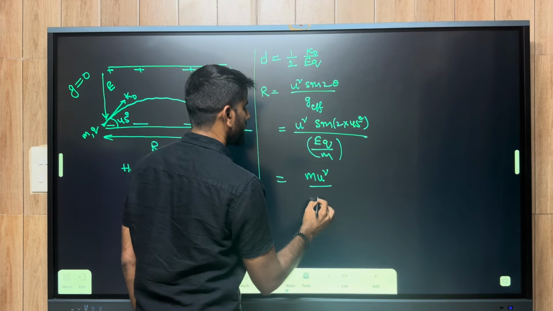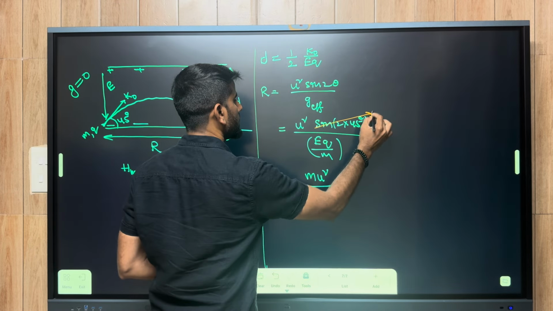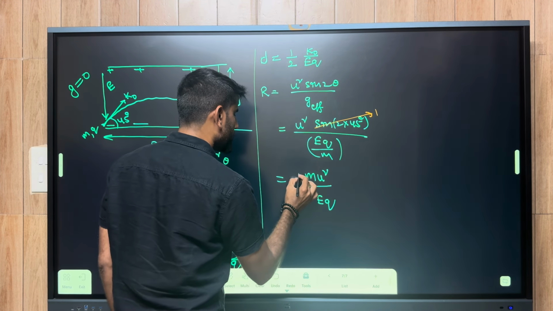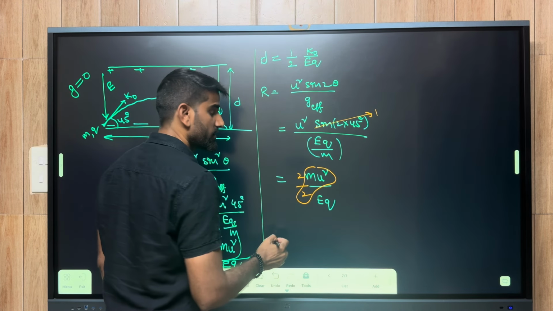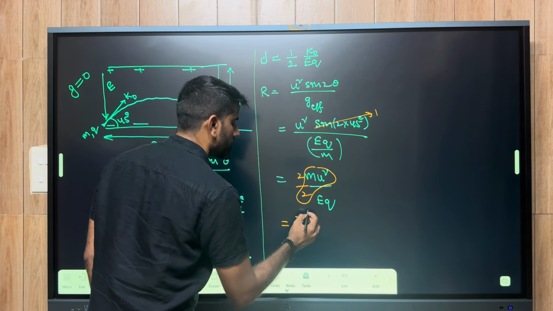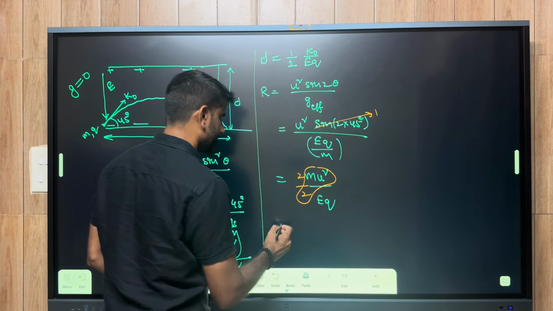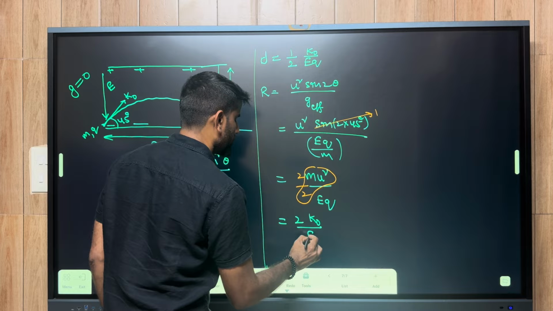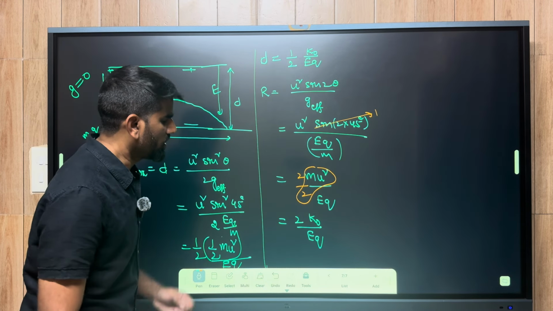So mu square by EQ, sine 90 is equal to 1, and we have mu square. If I multiply with 2, divide with 2, then this mu square by 2 can be written as initial kinetic energy. So what I am doing is 2 times K naught by EQ.